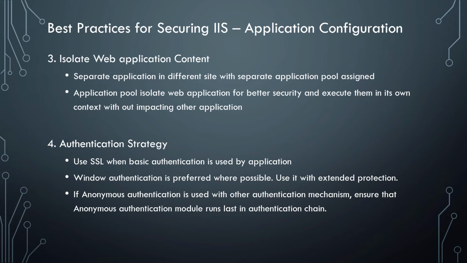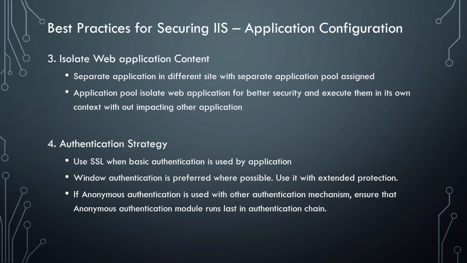Basic authentication without SSL binding will cause credentials to be sent in plain text and may be intercepted by an attacker. Windows authentication must be used with extended protection turned on. With extended protection, authentication requests are bound to both the service principal name and the outer transport layer security channel over which IWA authentication requests occur.